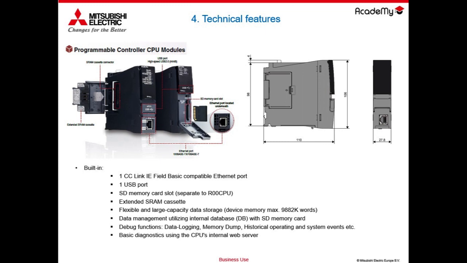On the RJ45 Ethernet port, in addition to CC-Link IE Field Basic, various protocols or types of communication can be integrated. That port can be exploited, for example, to connect with a GOT or with MELSOFT products, and you can implement communication based on SLMP or Modbus TCP. You can integrate an FTP client or server function and a web server function, so our PLC can communicate through a web browser with a web client.